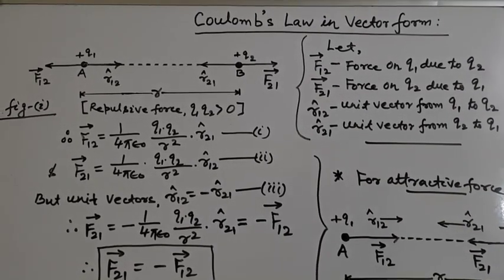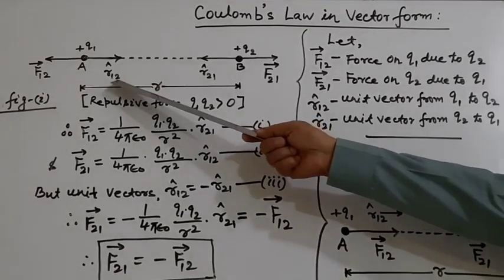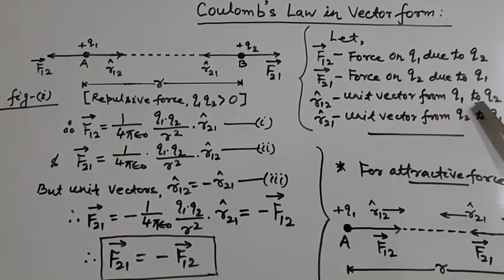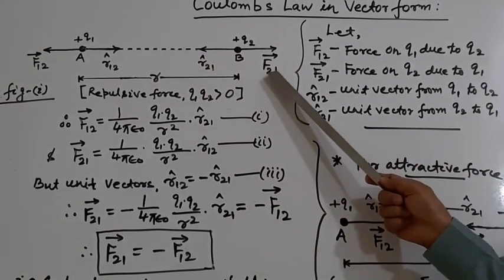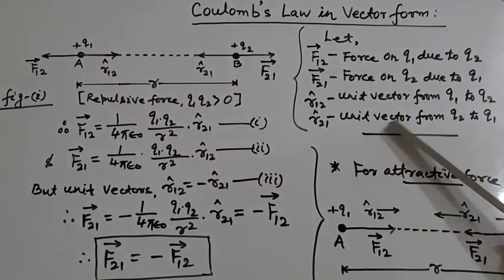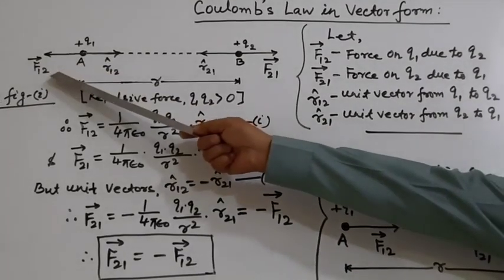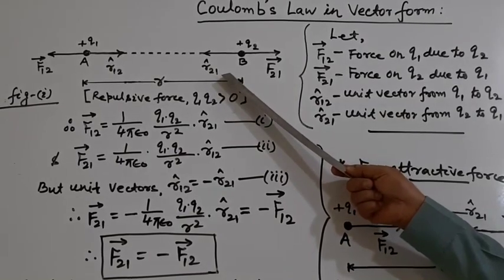We know that unit vectors give the direction also. One is R12, the unit vector from Q1 to Q2. It means the direction of F21 is represented by R12, and R21 is the unit vector from Q2 to Q1, meaning the direction of F12 will be given by unit vector R21.